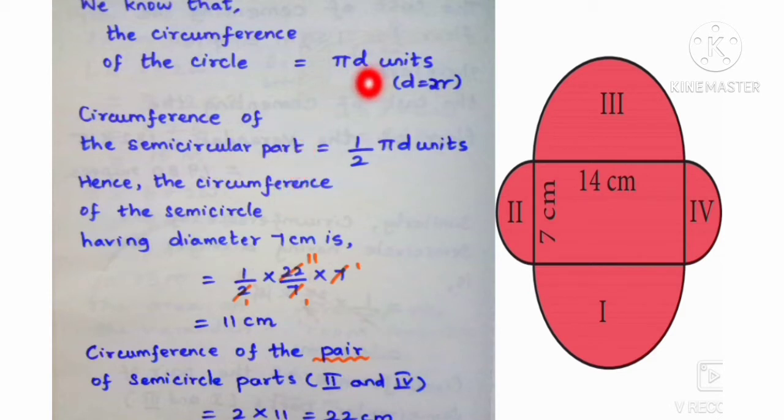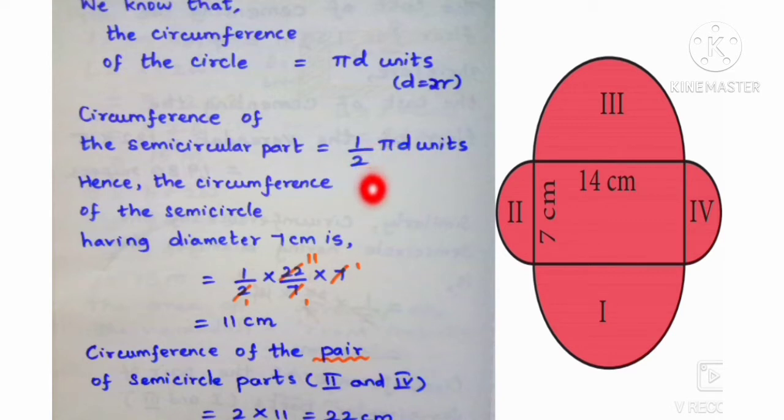The circumference of a semicircular part means half of the circumference of the circle, that is half into pi d. So this is the required formula: 1/2 pi d is the circumference of the semicircular part.